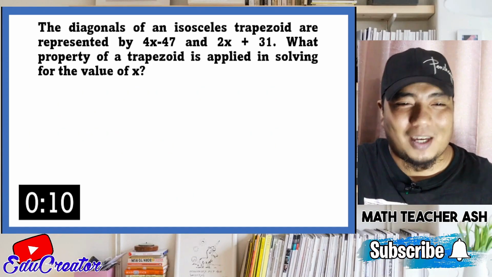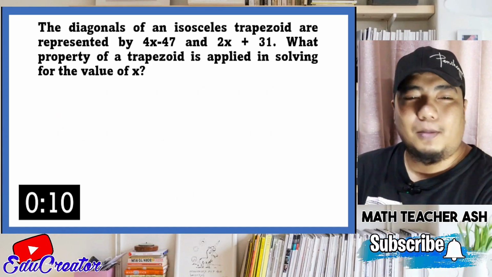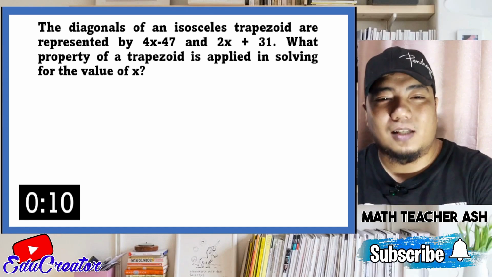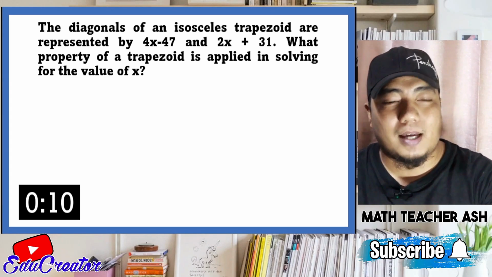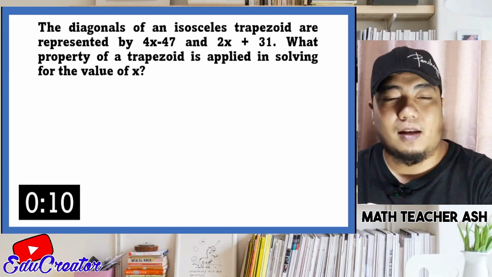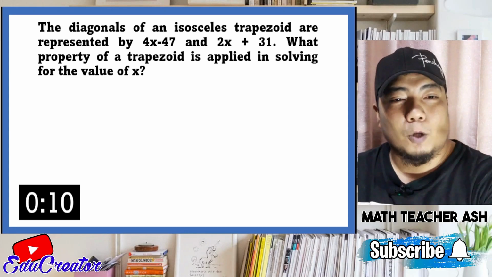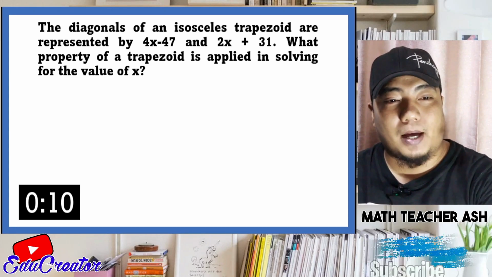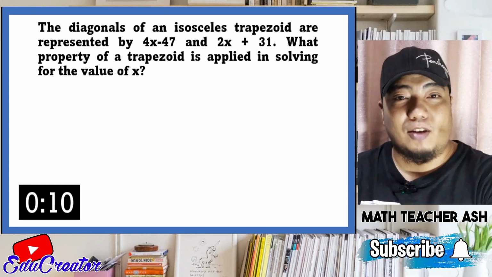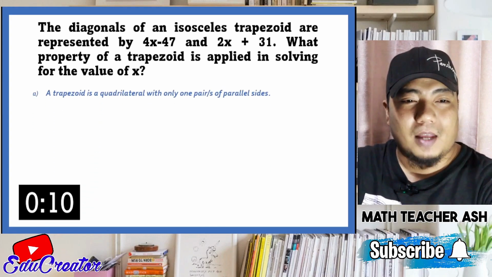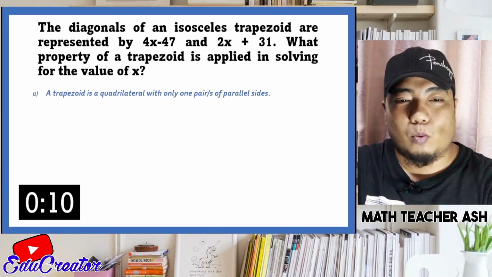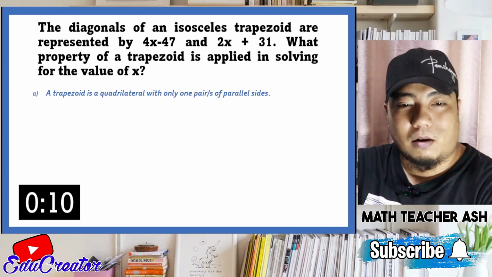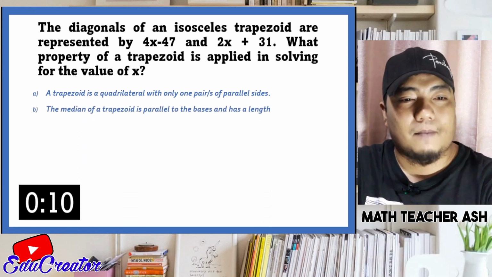Now, continuing, we have here the next problem. The diagonals of an isosceles trapezoid are represented by 4x minus 47 and 2x plus 31. What property of a trapezoid is applied in solving for the value of x? Is it A? A trapezoid is a quadrilateral with only one pair or pairs of parallel sides.